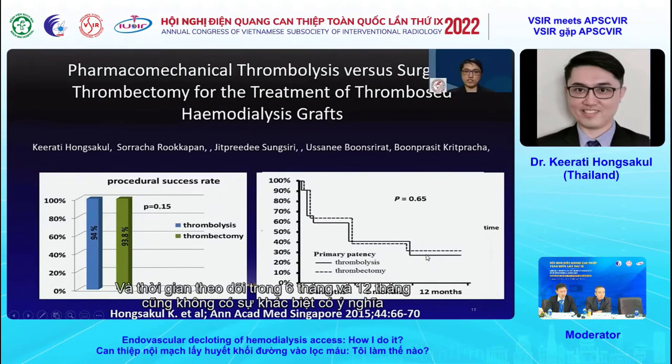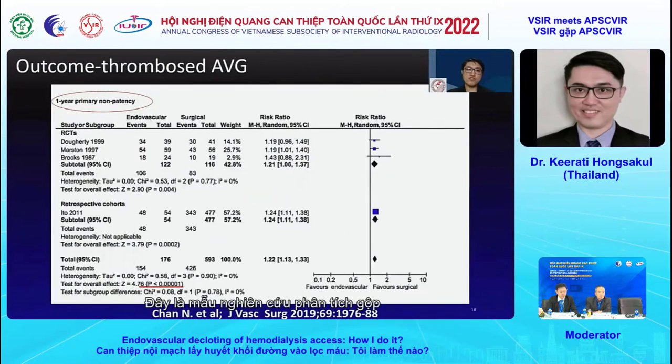It's not a significant difference. However, a meta-analysis and review showing the outcome of AVG treatment with endovascular compared with surgical treatment found that at 1 year, primary non-patency was most often found in the endovascular treatment.